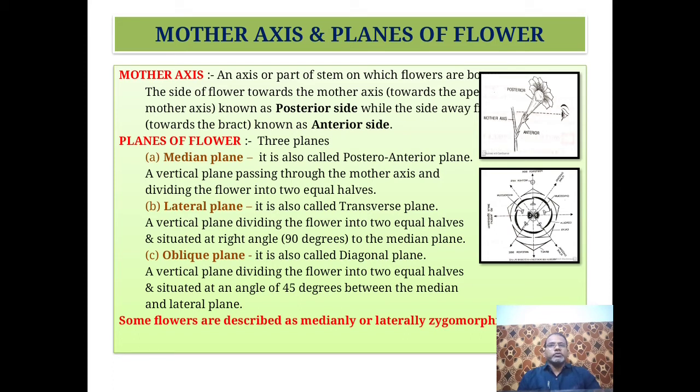The side of the flower towards the mother axis, means towards the apex of the mother axis, is known as posterior side, while the side away from it, toward the bract, is known as anterior side. Planes of flower. There are 3 planes for cutting a flower: median plane, lateral plane and oblique plane.